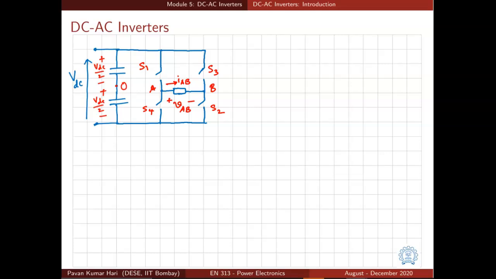So having capacitors across this DC input is very close to the practical case, and instead of one single capacitor, we have split the capacitance into two and defined the midpoint as O, as it could serve as a good reference point for our analysis.